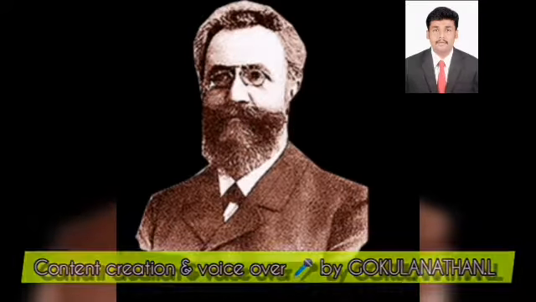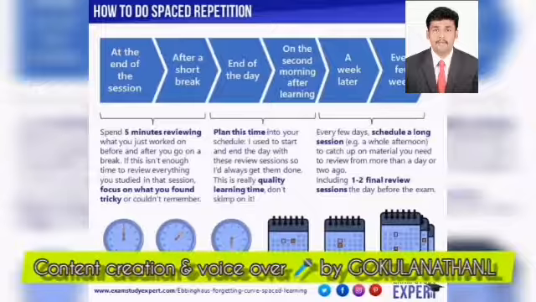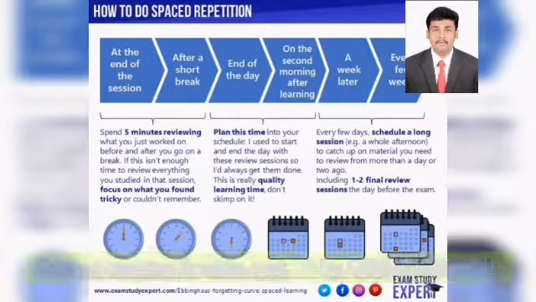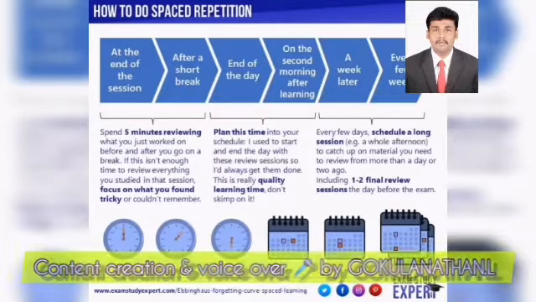This forgetting curve tells how much data the brain will hold or remember over a particular time. For example, if you read 100% of a page of content at 9 o'clock in the morning, it will be remembered 100% at that time. After 20 to 30 minutes, only 58% will be remembered. After 1 hour, only 44%.